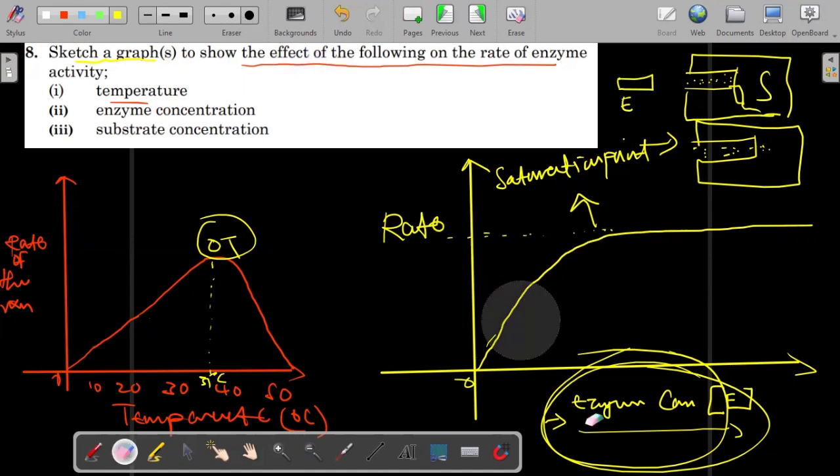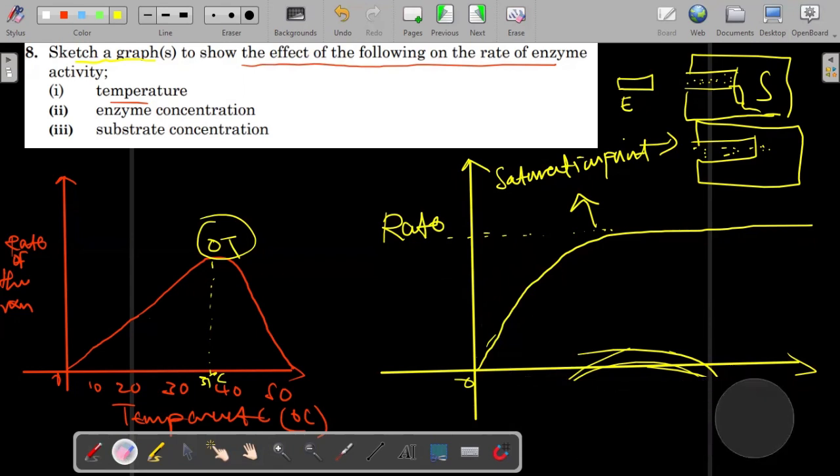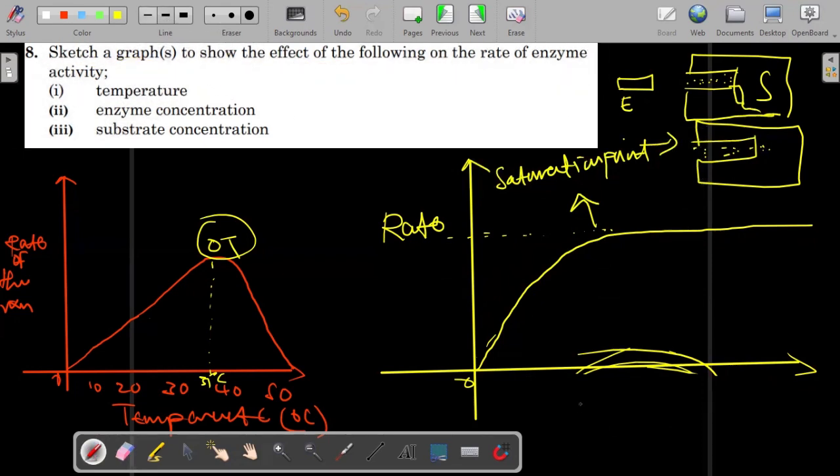And what we are seeing here is the same thing that happens when you are talking about substrate concentration. You can put your substrate concentration here, and you indicate that by S in a box like that. As you are increasing the substrate, you're creating more and more substrate so that the enzyme can come and bind on the active site of that substrate.